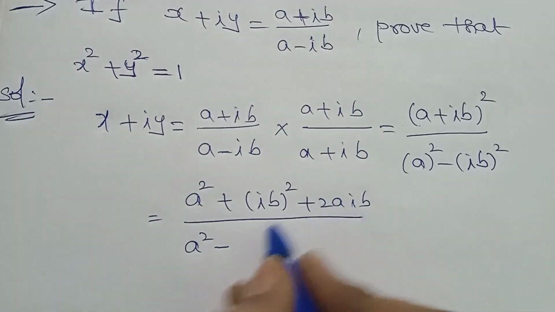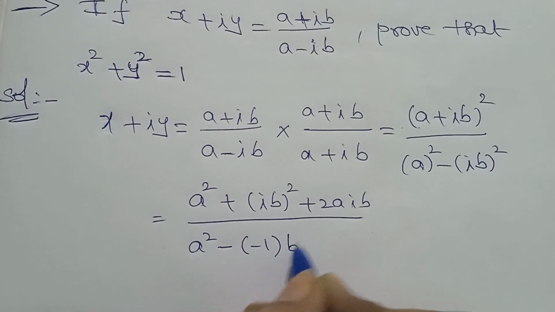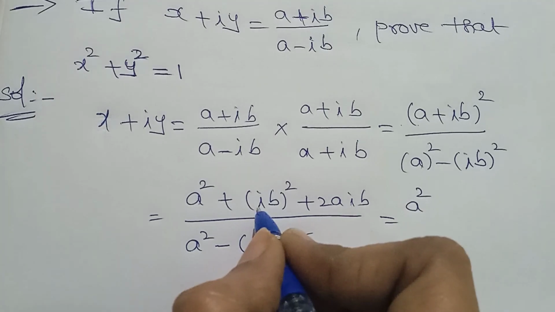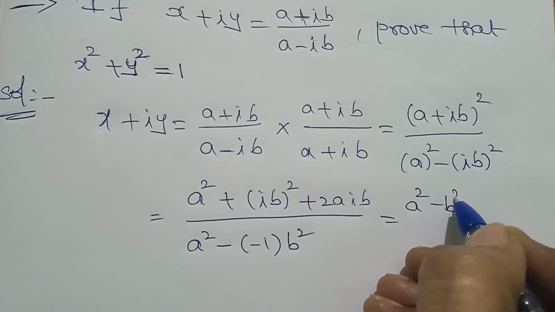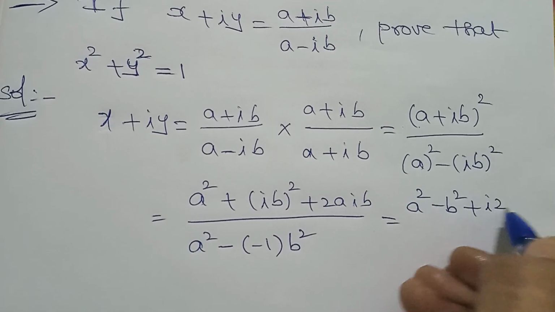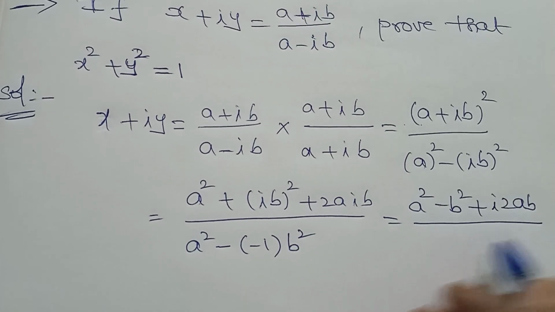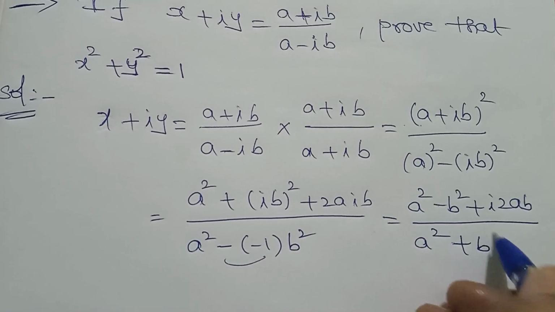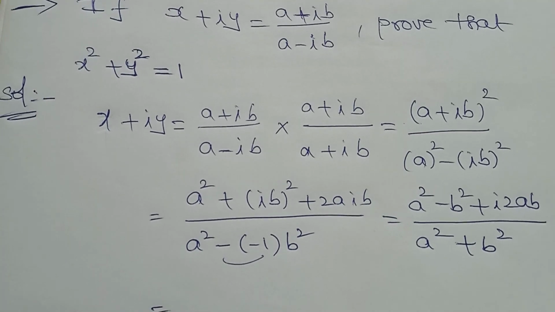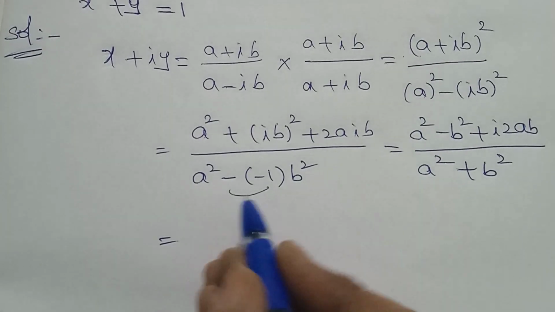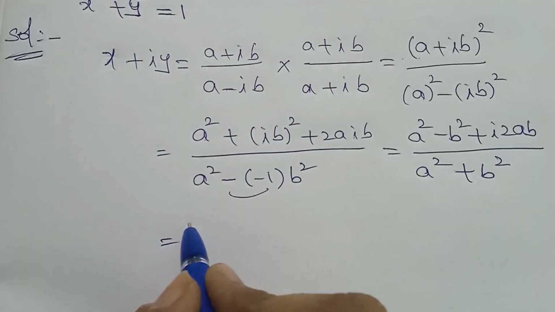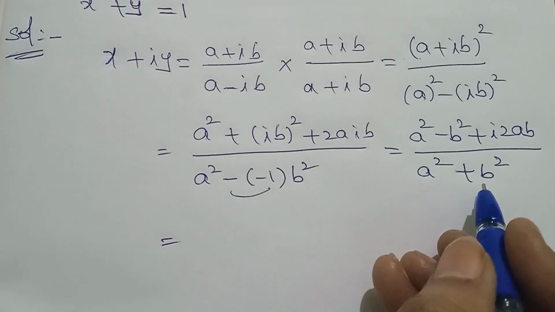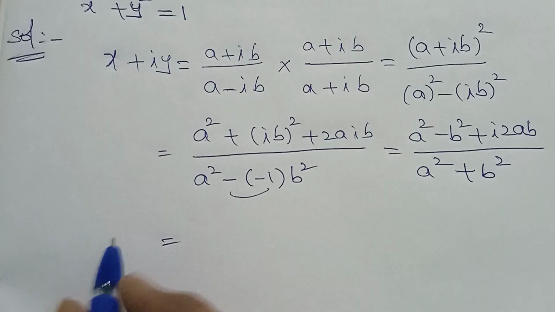I square value is minus 1, into b square, which is equal to a square. Again here i square is minus 1, so minus b square plus i into 2ab, by a square plus b square. So you will get a square minus b square plus i into 2ab by a square plus b square, which is the x plus iy value.